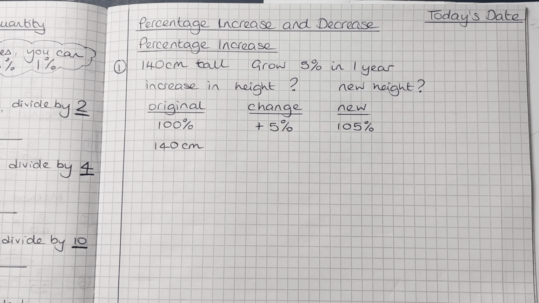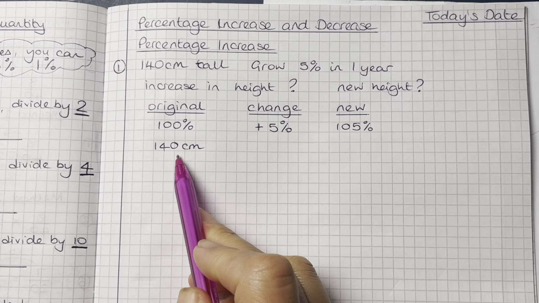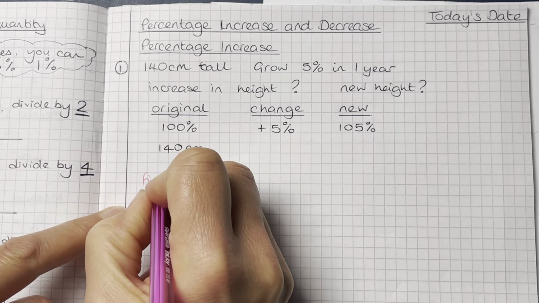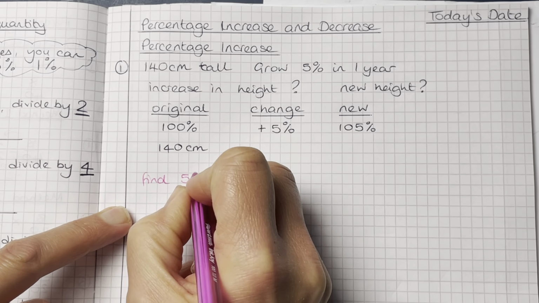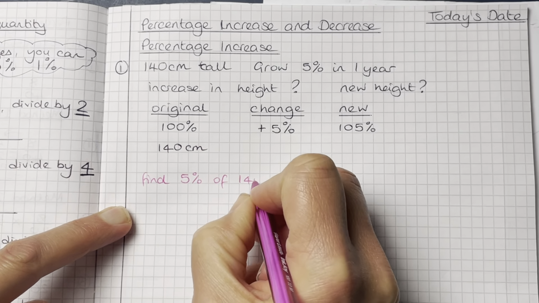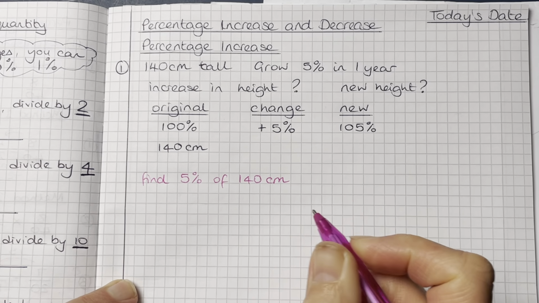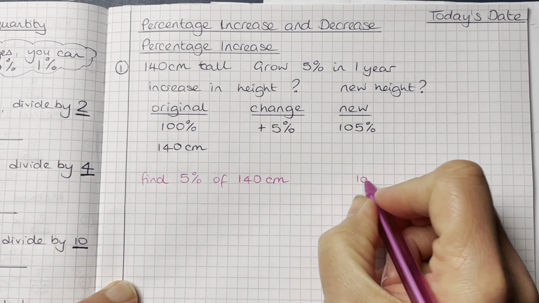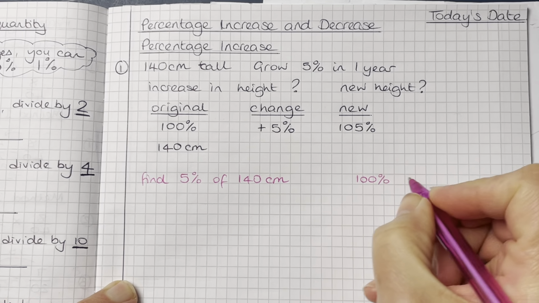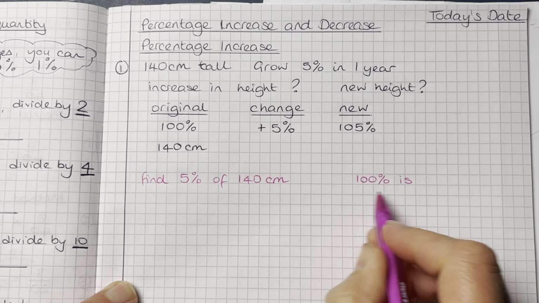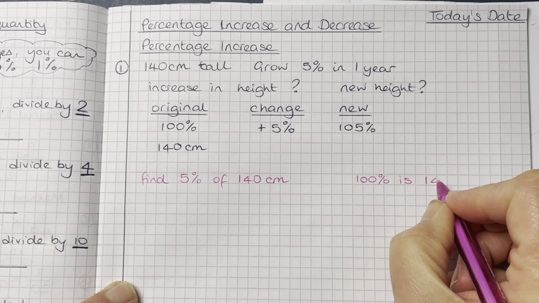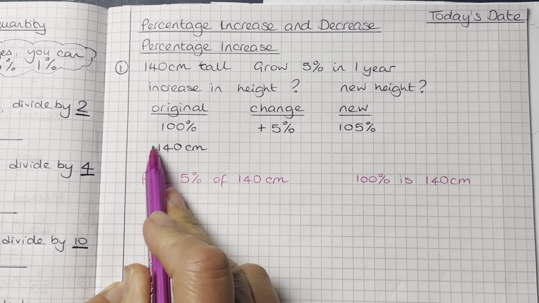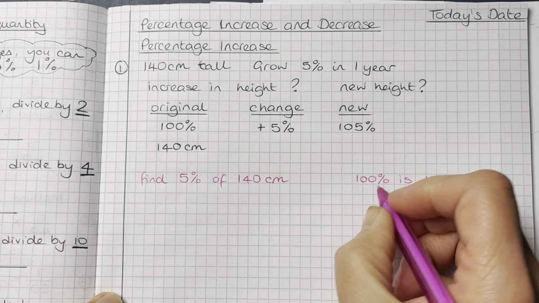So firstly, we want to find what 5% of 140 centimetres is. Now, from my previous lesson, you'll know there's a couple of different methods. This time I'm going to use the method that I'm going to say that 100% is 140 centimetres. It's exactly what we've said here. 100% is 140 centimetres.